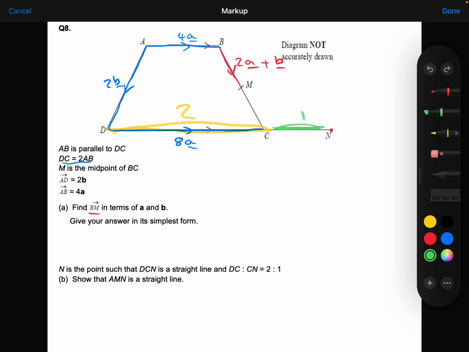Which means that if D to C is 8a, then C to N is going to be half of that, 4a, because of the 2 to 1 ratio.